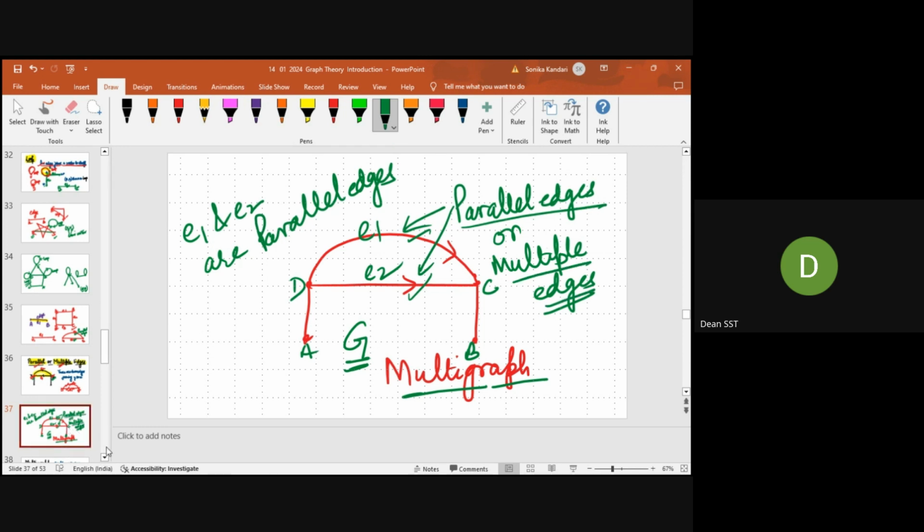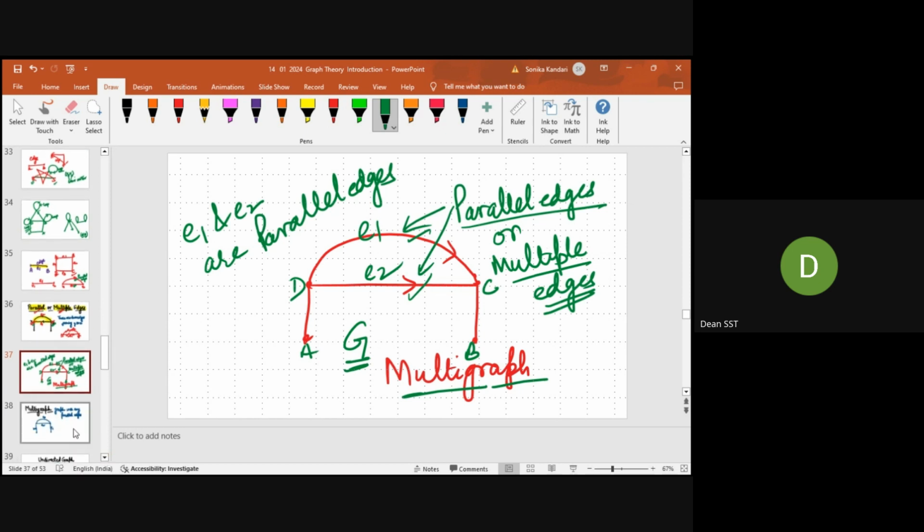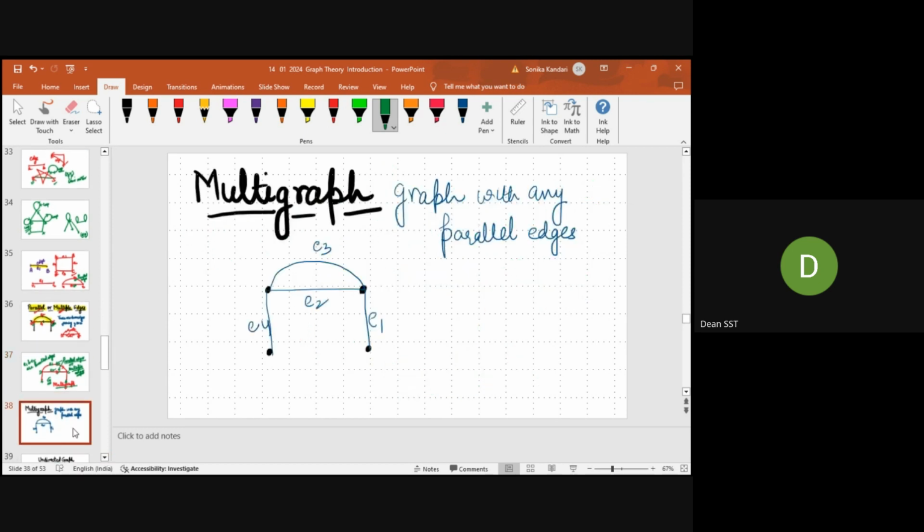So this is your multi-graph. Class, is it clear? Multi-graph is clear? Yes, ma'am. That is a graph with parallel edges. See this graph? It has parallel edges. Suppose V1 and V2 are joined by E2 and E3.